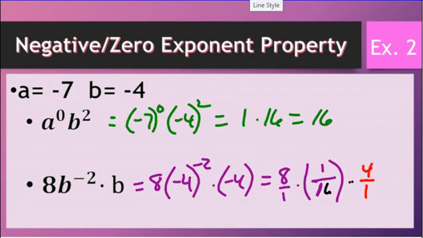I can do some simplifying here. 8 divided by 8 is 1, 16 divided by 8 is 2, 2 divided by 2 is 1, 4 divided by 2 is 2, so our answer would be 2.